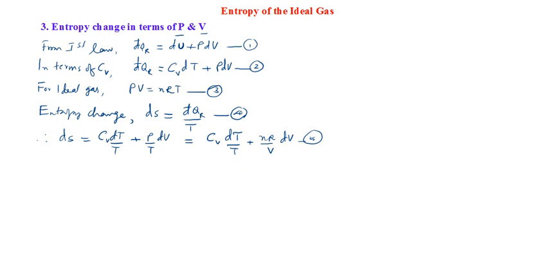Now let me use equation number 3, taking differentials of equation 3 on both sides. Remember, P, V and T, all three are variables here.